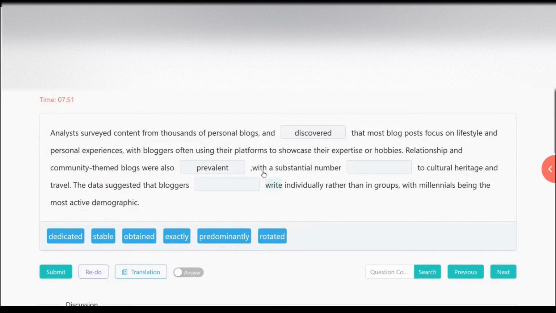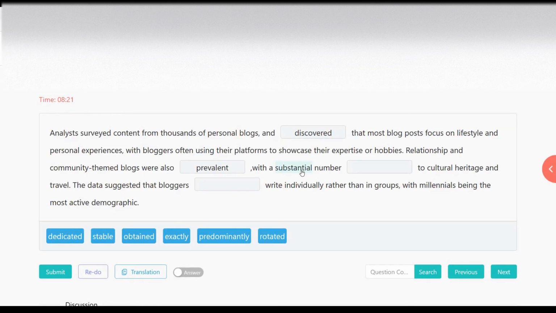Now coming to with a substantial here refers to a huge number, a good number of dash to cultural heritage and travel. What does that mean? A good number of blogs were present, dedicated means they were focused only on cultural heritage and travel. When we are talking about focus, that refers to dedicated.